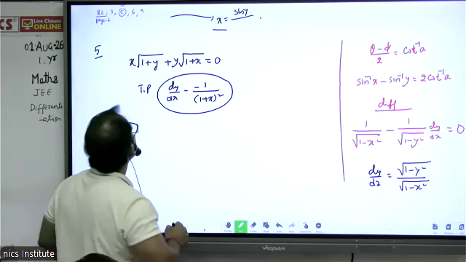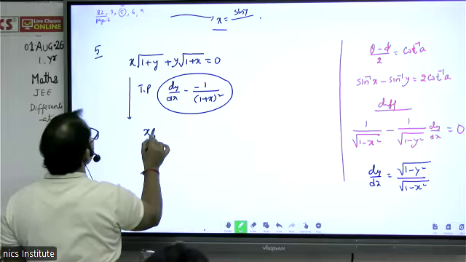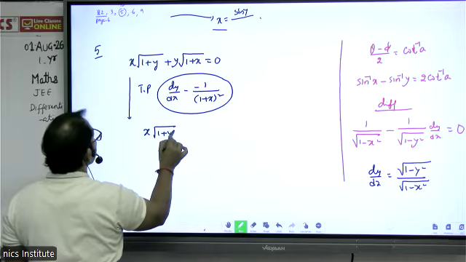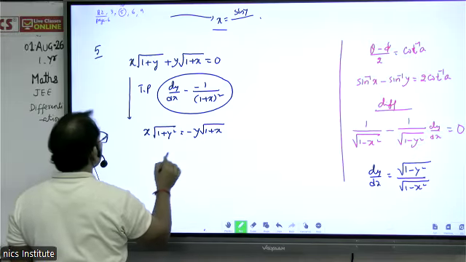So convert this function, which is implicit at the moment, into an explicit function. Don't differentiate directly.